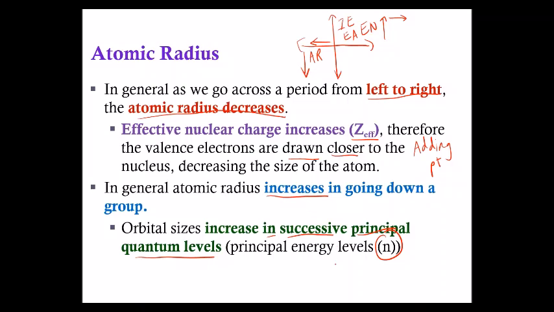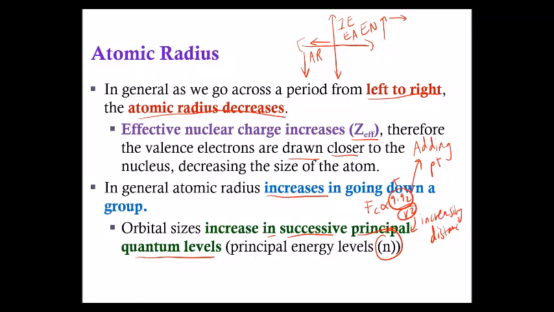Now, remember, we could also phrase this in terms of Coulomb's law, Q1 Q2 over r squared. If we're talking about adding protons, you're adding charges to the top. If we're talking about adding principal energy levels, you're increasing the distance.